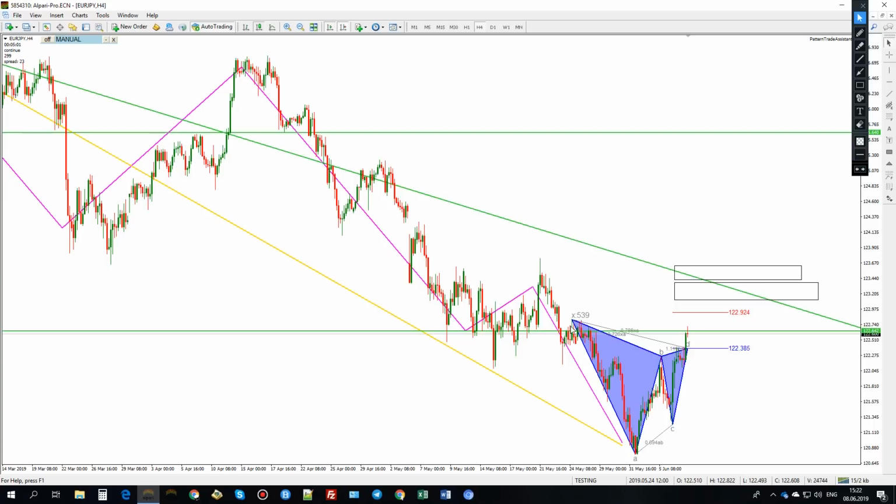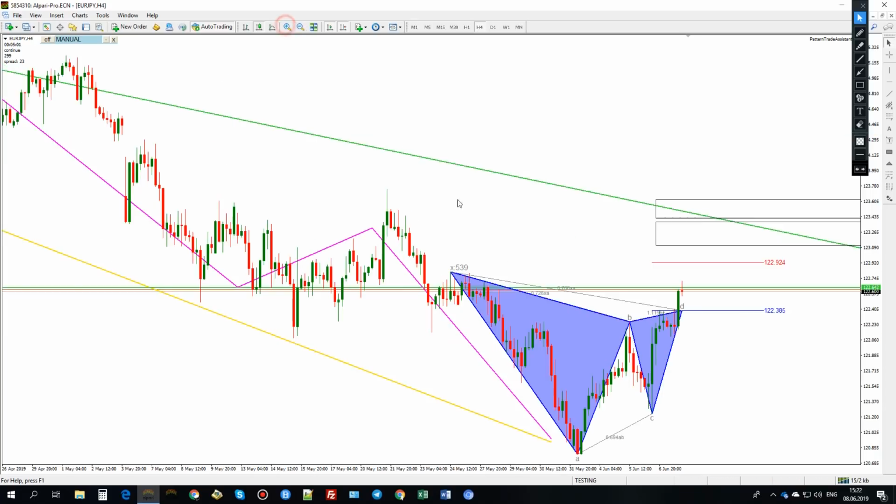Why have I chosen the X point here? Because I like my X point to belong to a key level. My X point should not belong to empty space. I like my X point to belong to a key level, and that's why my pattern looks this way. It was already completed and the zone slightly exceeded.